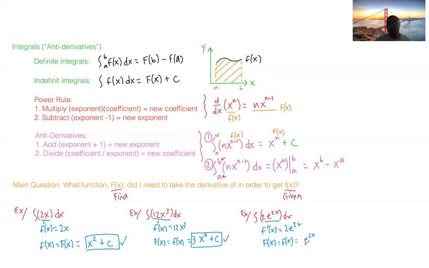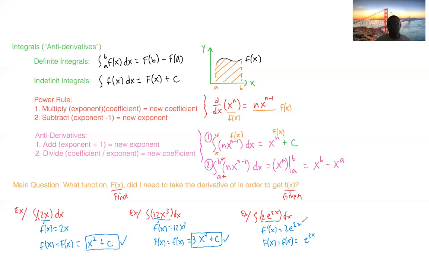In this case, now let's look at what we have so far. If you were to take the derivative of e to the 2x, you're going to have to use the chain rule, this one in red. You're going to have to take the derivative of first the entire thing, so the derivative of e to the 2x is e to the 2x, and then you're going to have to multiply it by the derivative of just the stuff, of 2x, which is going to be 2.